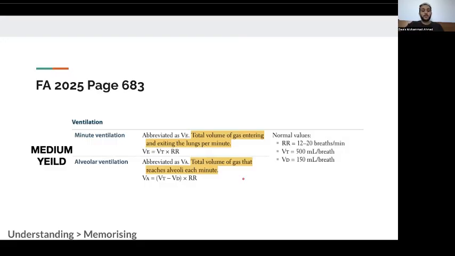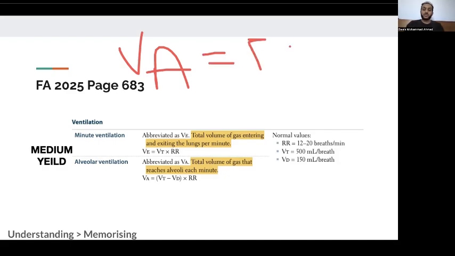And yeah, so now coming to alveolar ventilation. This is going to be VA, volume alveolar, and this is the total volume of gas that reaches the alveoli each minute. So that's going to be your tidal volume minus your dead space. The reason we reduce the dead space is because this is the volume that is not involved in gas exchange.